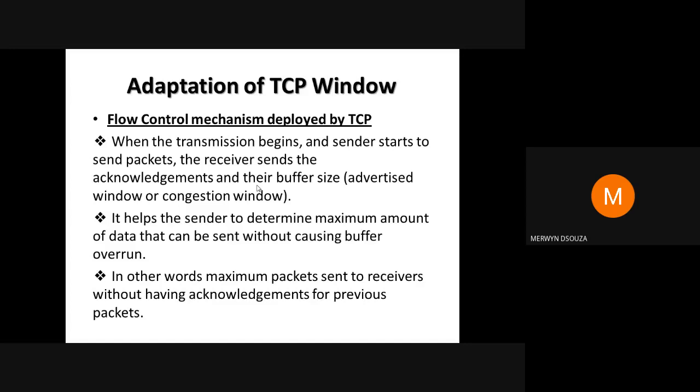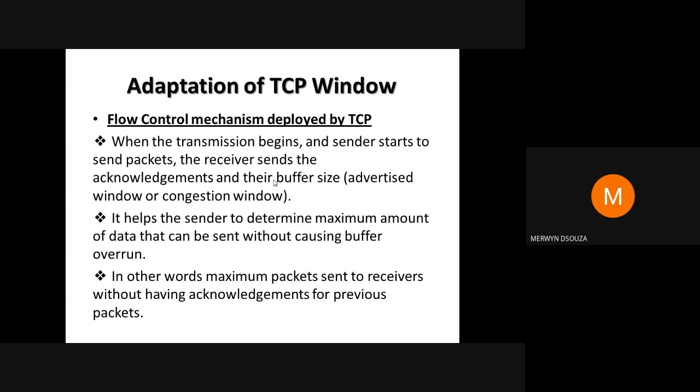The moment overflow happens, packets are lost, and if packets are lost, then those packets need to be retransmitted. If every sender keeps retransmitting the packets to their receiver, then such a thing could lead to congestion. So in order to prevent that, TCP has come up with a mechanism known as flow control, which will control the speed at which the sender will send packets.